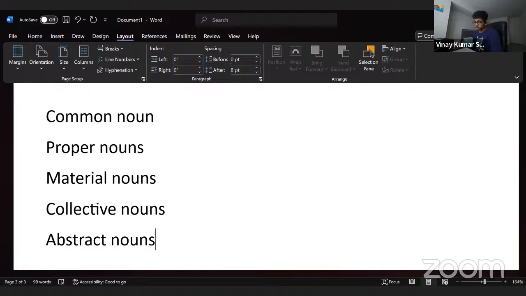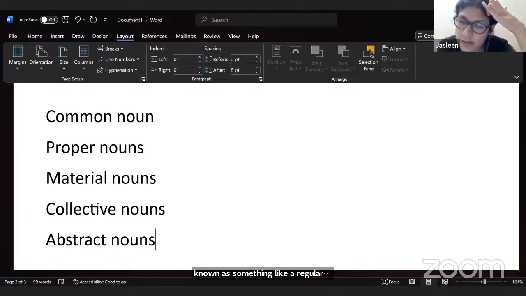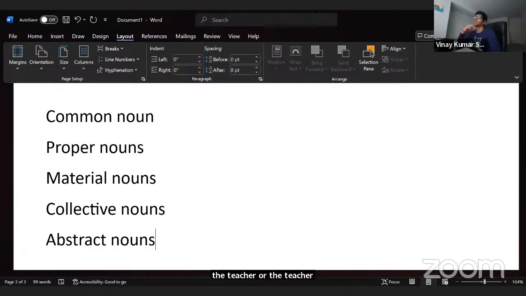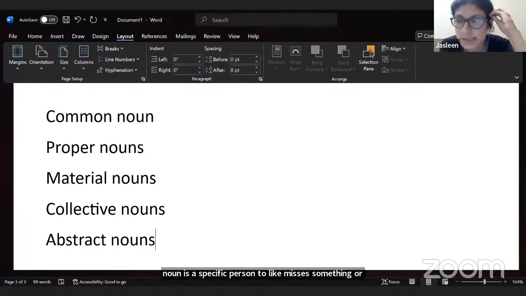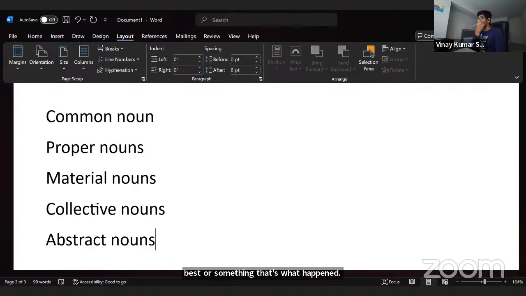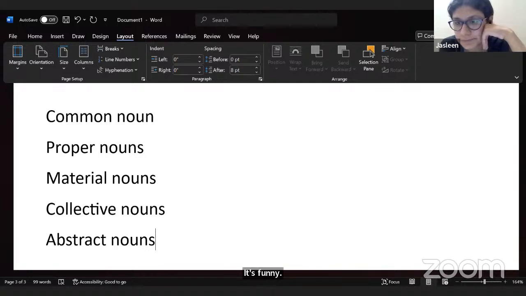A common noun is something regular, like a teacher, a man or woman. Perfectly. A proper noun is a specific person, like Mrs. something or Mr. something. Yes. A material noun is a non-living thing, an object.